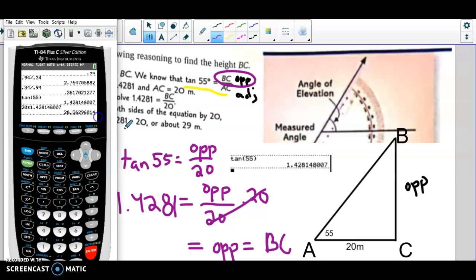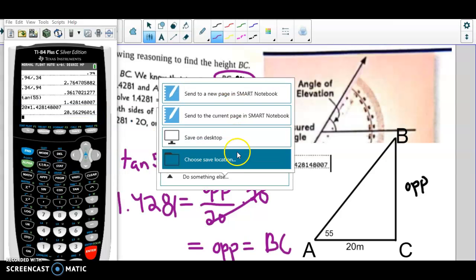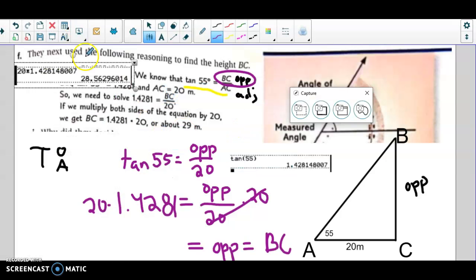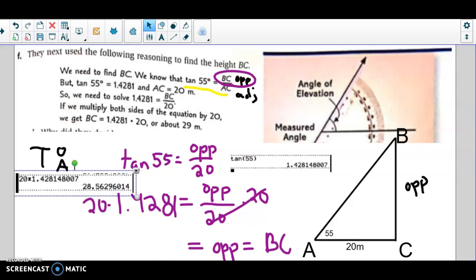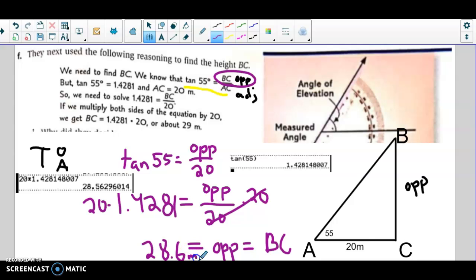Let's take a little picture. That's what we get, so 28.56. That's our answer, 28.56 or 29. About 29. It's all an estimate because he's estimating that right there. About 28.6 meters. And this is the process we're going to go through.